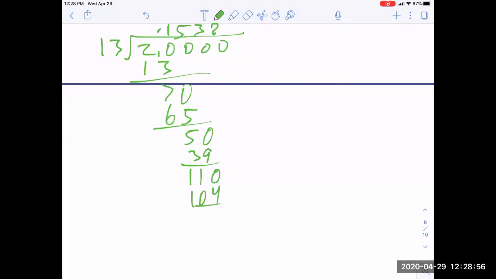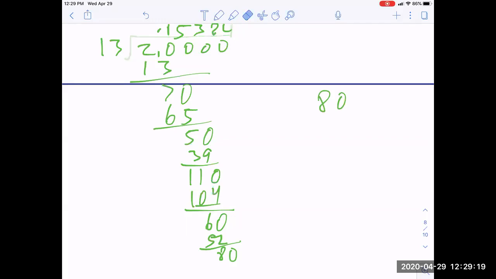Okay, that's an 8. Okay, we subtract. Now we're down to 60 because it's not 5. There's going to be 4 of them. That's 52. Now we're down to 13 into 80. That's 6.